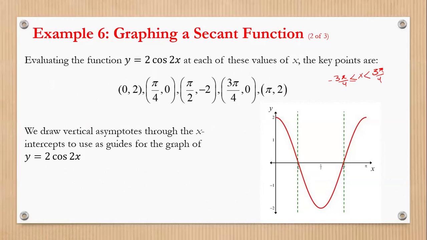That means I need to extend it in this direction and stop here at this one. So since this distance is pi over 4, we can go negative pi over 4 into the negative direction, another pi over 4, which is negative pi over 2, another pi over 4, which is -3 pi over 4. And then we can continue.